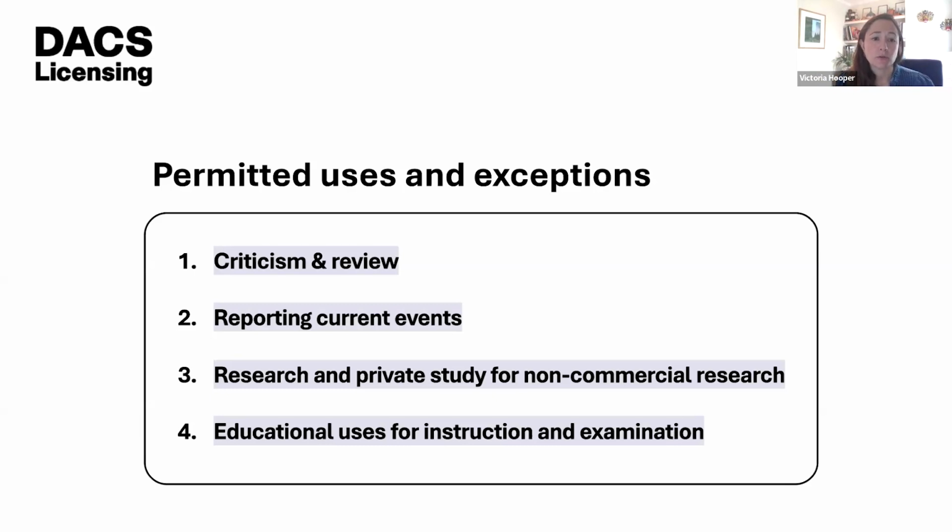So these are criticism and review. And this is as it sounds. So it means that it's possible to reproduce artistic works for the purposes of criticising and reviewing those works. So, for example, if you've written an article about Francis Bacon's Screaming Pope, and you're talking about the blurring of the purple and the brush strokes, and the artist's use of colour and things like that, that article is going to be far more understood and make more sense if you've got the visual there to support it.